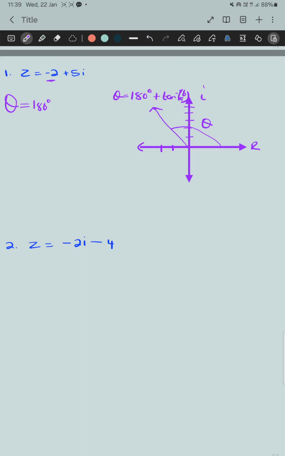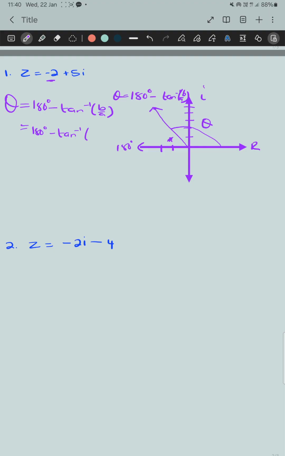What did I say? Plus. I'm so sorry. It's 180 degrees minus this part. So it's a minus. Minus arctan B over A. So it's 180 degrees minus arctan.